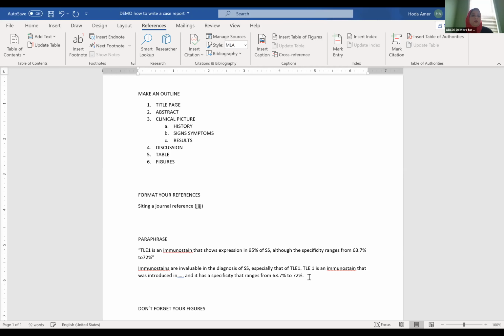You can say something like, although the range of specificity is wide, the sensitivity is blah, blah, blah, and it will show immunoreactivity in up to 95% of cases.